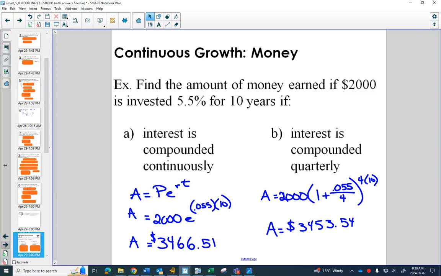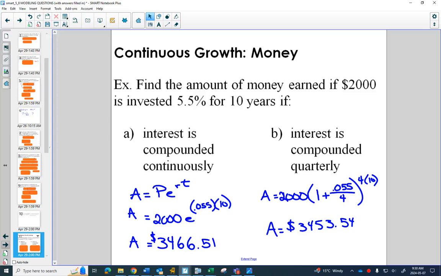So because it's not a huge difference, you'll find that most banks, if they're paying you interest, they pay you monthly. If they're charging you interest, they charge you monthly. Partially because of the misconception, if you found out your bank was charging you interest every second, you would get angry and you'd be like, I want to go somewhere else.